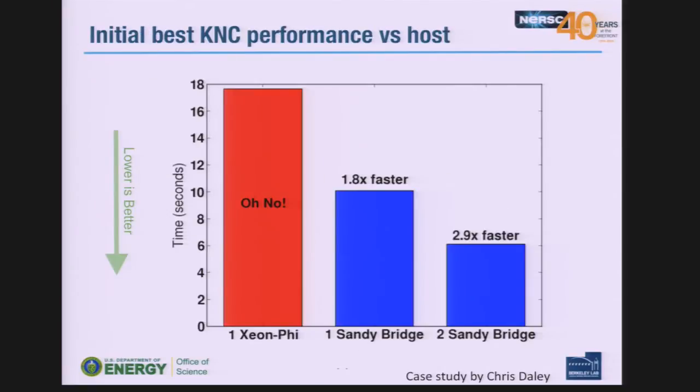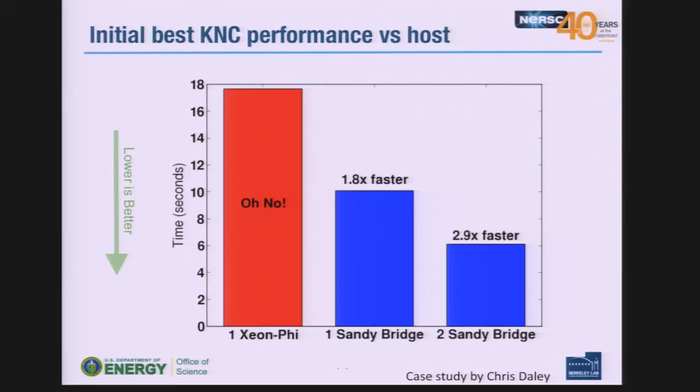Okay, so let's look at the results here. He's running on one Xeon-Phi, and then we're comparing it. You've got to be fair in your comparisons. One Sandy Bridge isn't a fair comparison. You've got to look at two, because we know that the Knights Landing architecture is a single socket node, and so it's really cheating if you compare it to one Sandy Bridge, because you'll get two Sandy Bridges on a node.